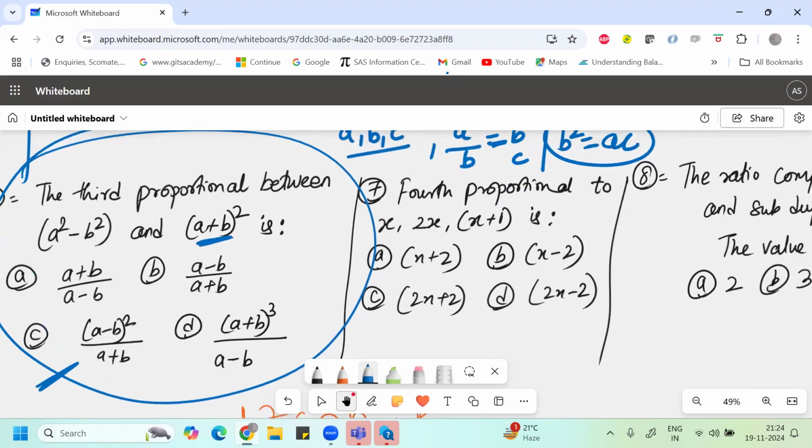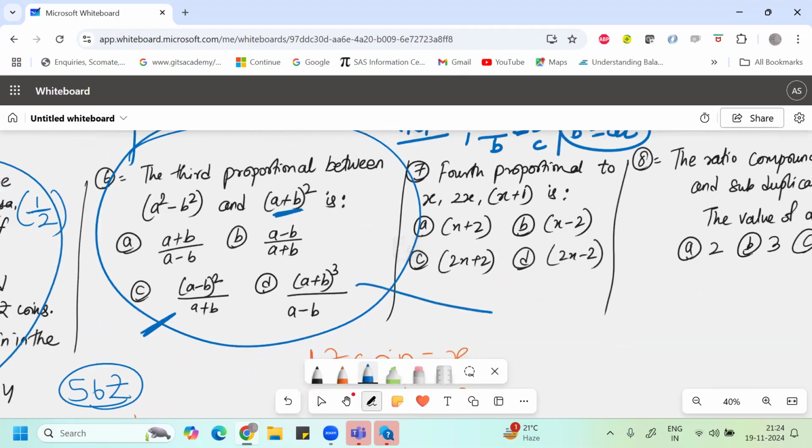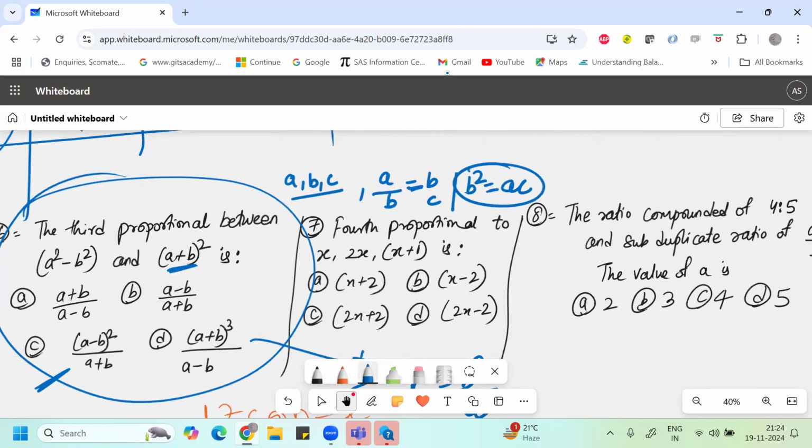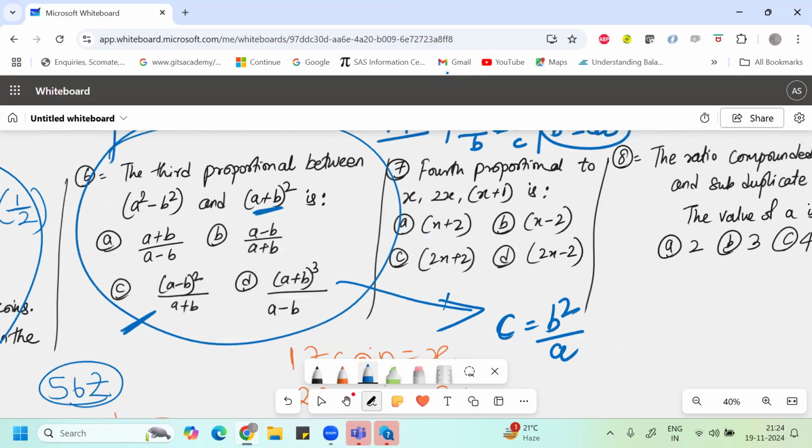If I'm asking you what is the third proportion, the formula for the third proportion is C is equal to B square by A, right? C is equal to B square by A means the two terms are given now. So the first term is your first proportion.